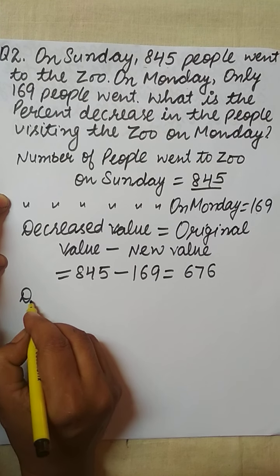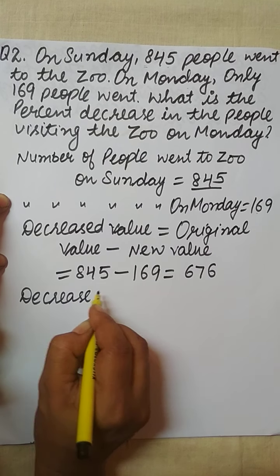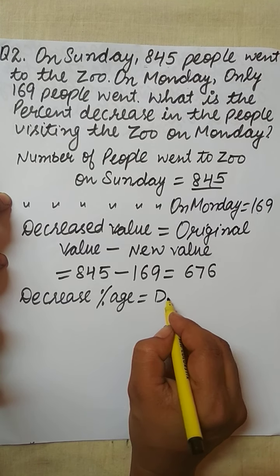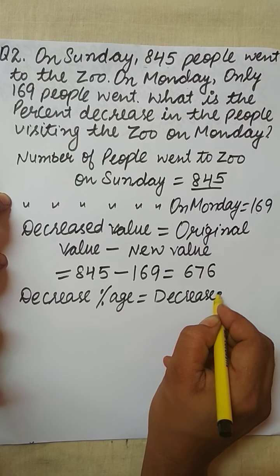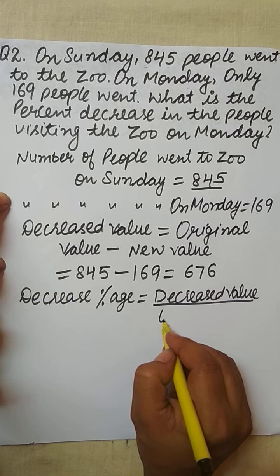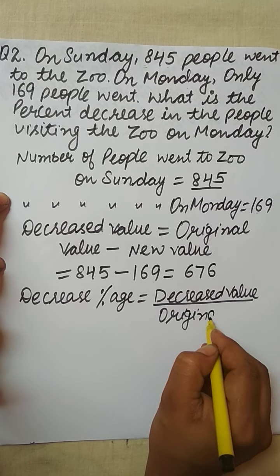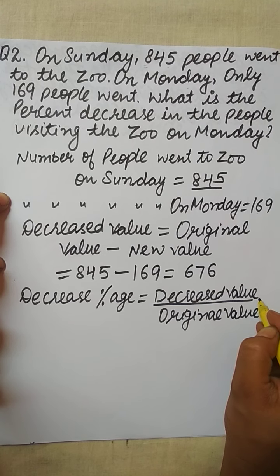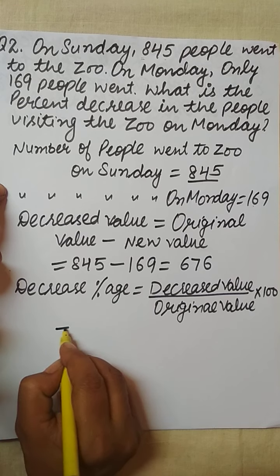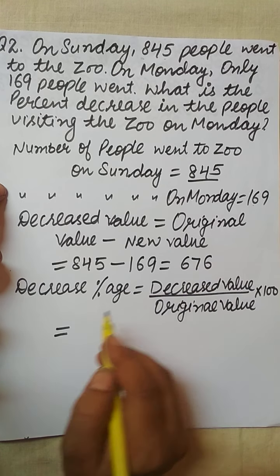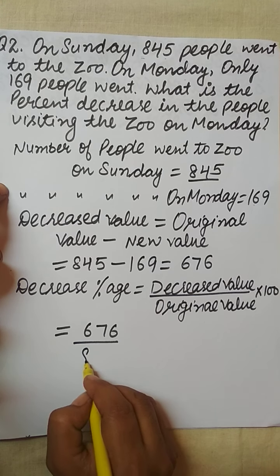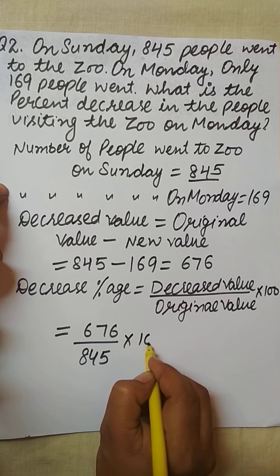Now we have to find the decrease percentage. Decrease percentage is equal to decreased value divided by original value multiplied by 100. So decreased value is 676, original value is 845, multiplied by 100.